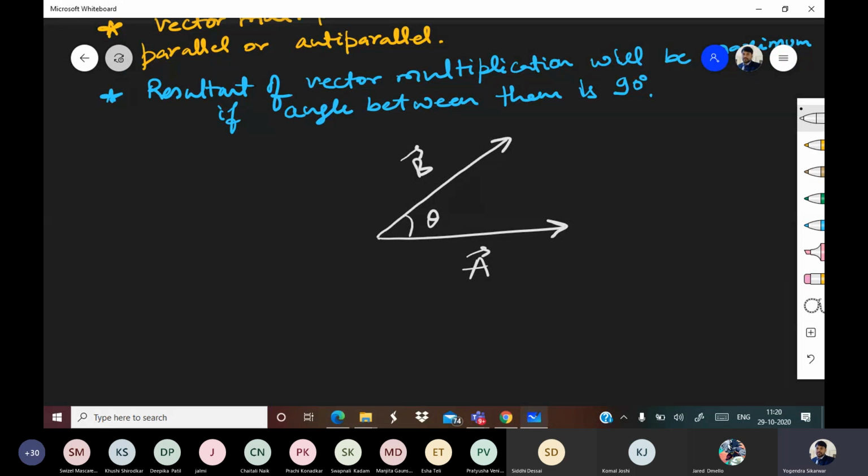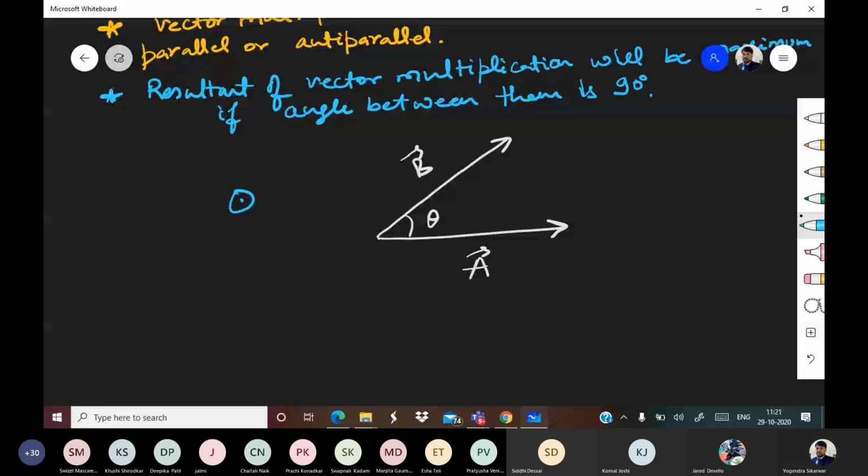You must have realized that the direction of A cross B is outward, k cap. So once again, everyone, please pay attention. We are stretching our right palm in the direction of A vector.